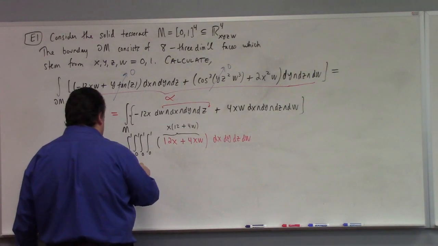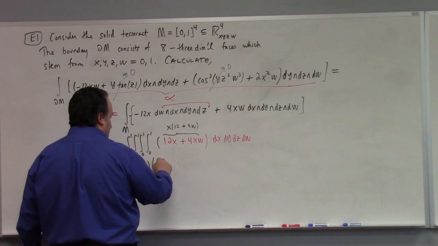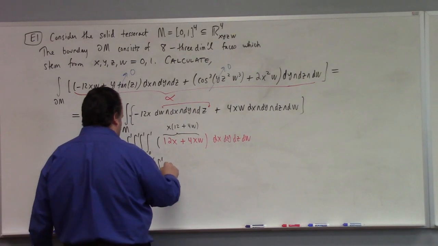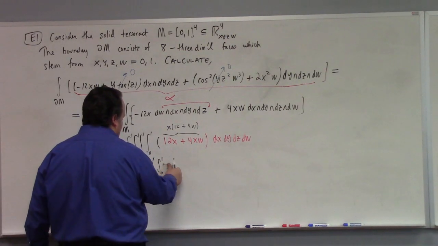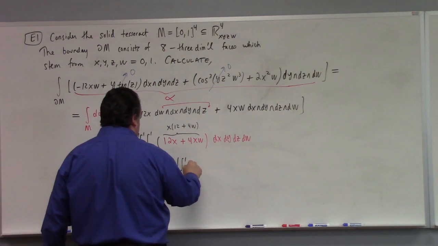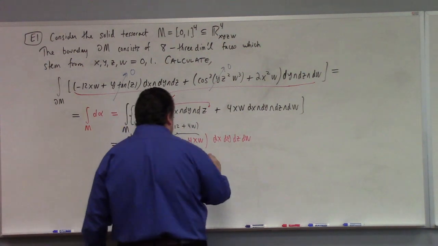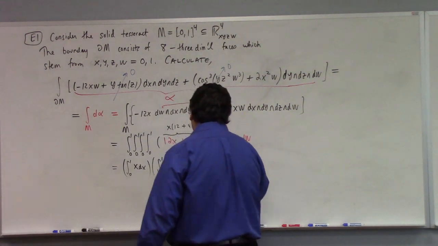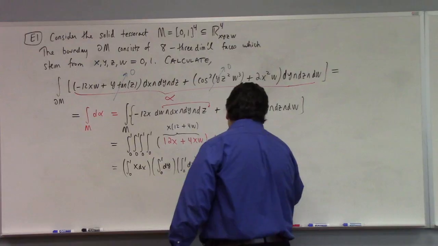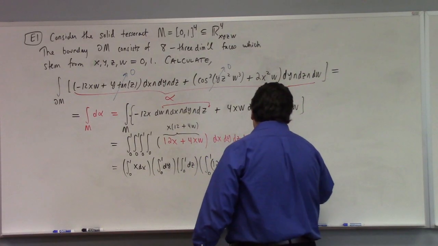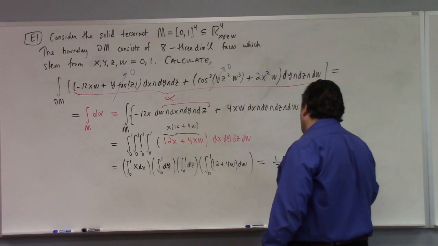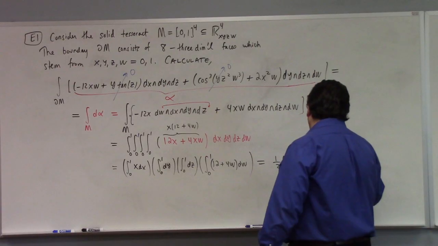So I really have the integral of x dx times the integral of dy, which is an easy integral, times the integral from 0 to 1 of dz, also a very easy integral, times the integral from 0 to 1 of 12 plus 4w dw. So what we get is a half times 1 times 1 times 12 plus 2, also known as 7.